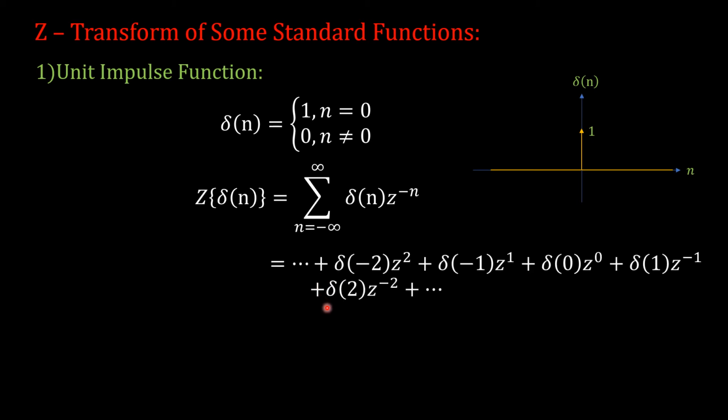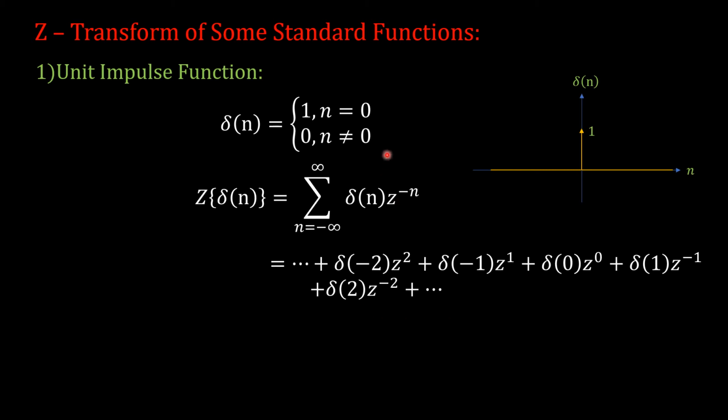That will give us dot dot dot plus, if we put n equal to minus 2, delta minus 2 z squared, plus delta minus 1 z raised to 1, plus delta 0 z raised to 0. Put n equal to 1, delta 1 into z raised to minus 1, plus delta 2 z raised to minus 2 for n equal to 2, plus so on.